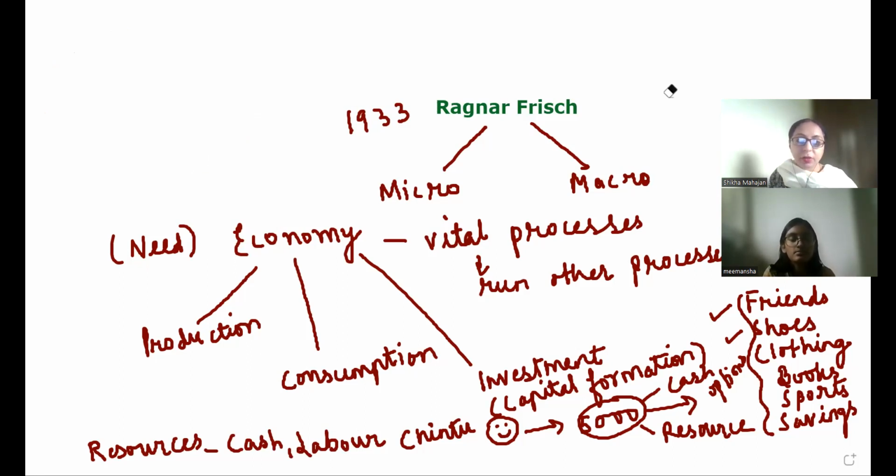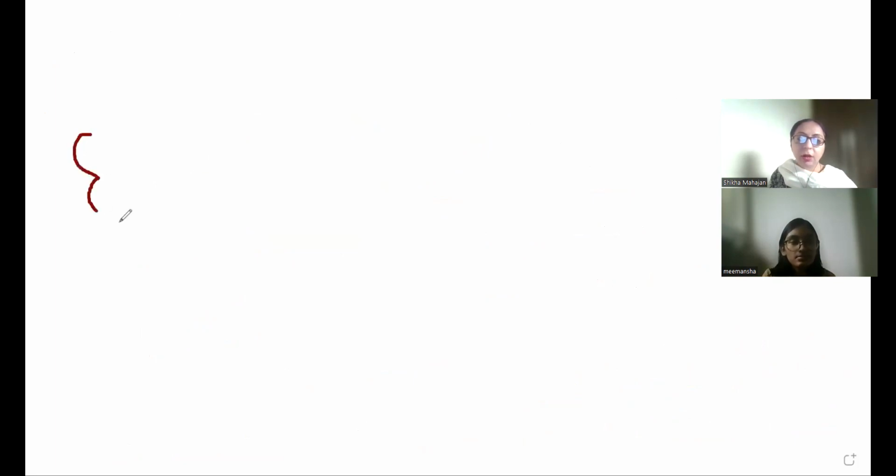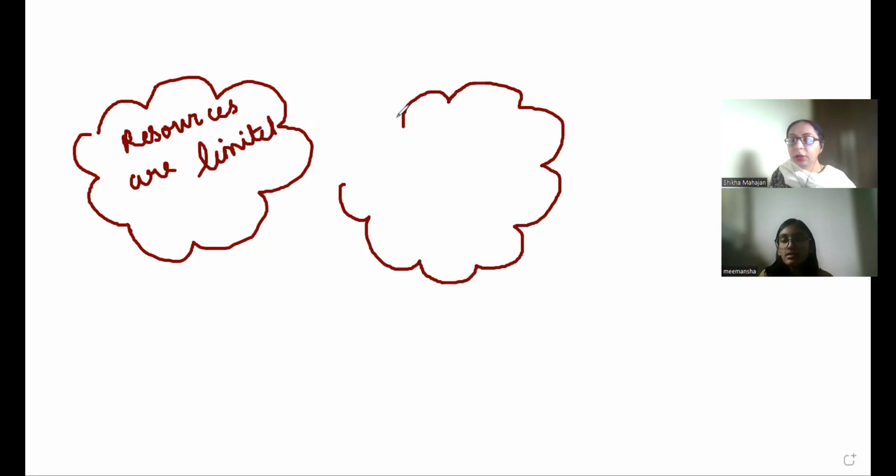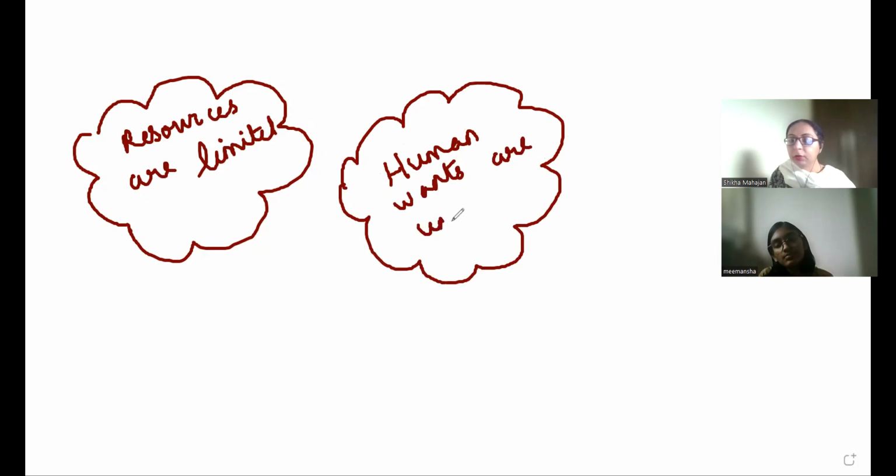So what I was telling you is the resources are limited. But could you see Chintu wanted so many things? He was thinking of so many things. So human wants are unlimited, correct?